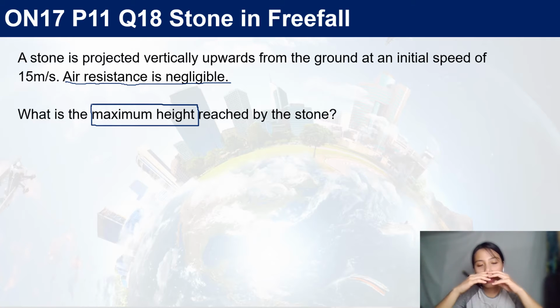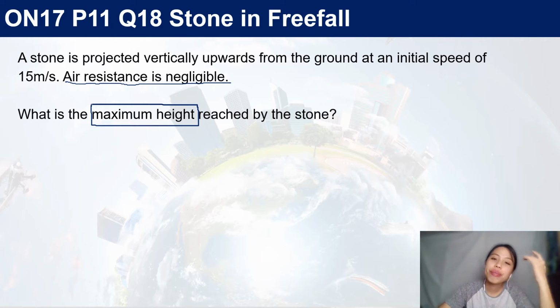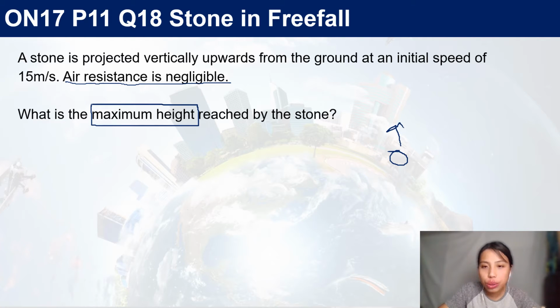Now, if you think in terms of the old SUVAT way, okay, let me draw a diagram. You have a stone, you throw it up, it goes to the top, and then it stops. Maximum height. Okay, this is the height, and that's where the velocity is 0. It stops moving, okay? Refresher. The initial velocity is 15 meters per second.